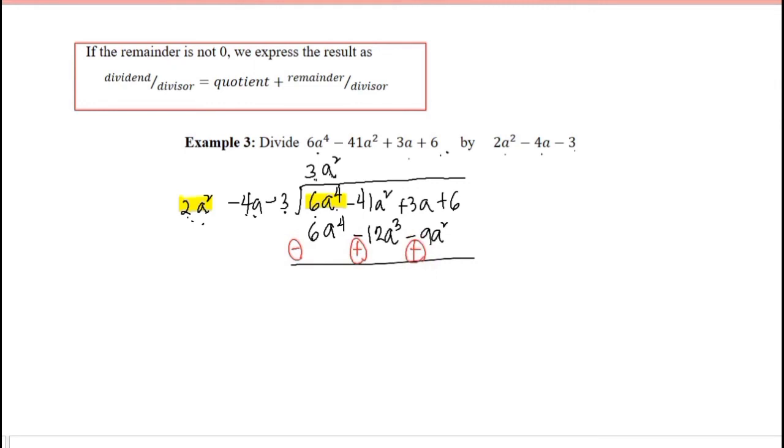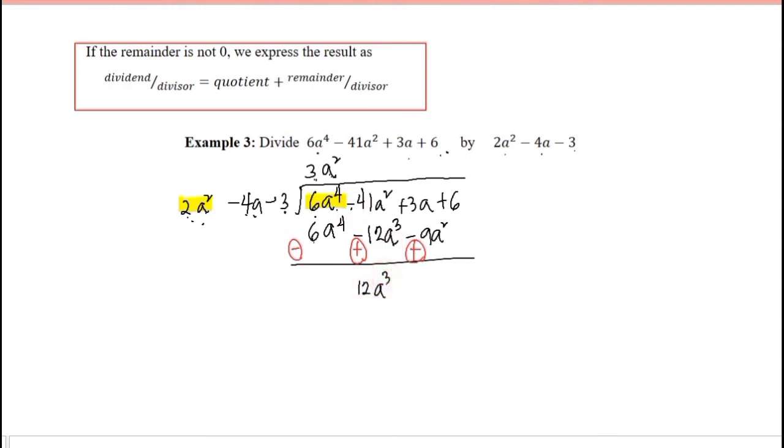Now be careful with this kasi dapat pareho yung degree, no, ng mga literal coefficients natin para pwede natin siyang i-add. So in this case, this is 6a to the 4th plus negative 6a to the 4th. So that would be 0. But as you can see here, wala tayong a cube dito. So meaning ito ay nag-iisang a cube. I-bring down lang natin siya. So that's positive 12a cubed.